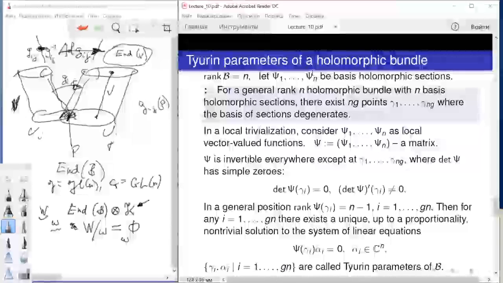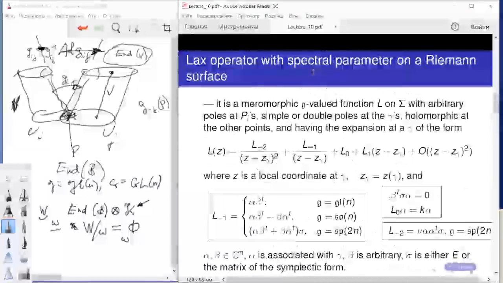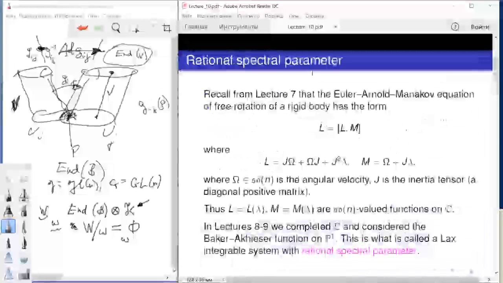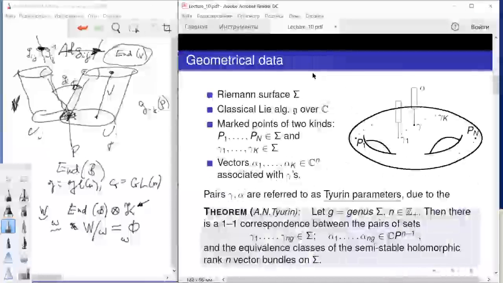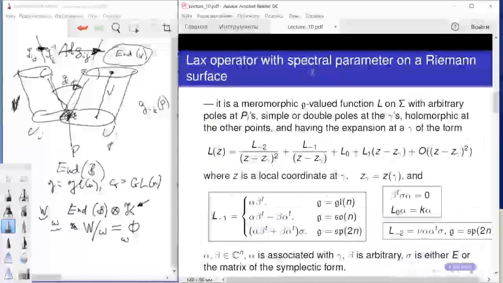Well, questions, if any. No question. What I was able to tell today, let me repeat. So geometric data, which define Lax operators on a Riemann surface.